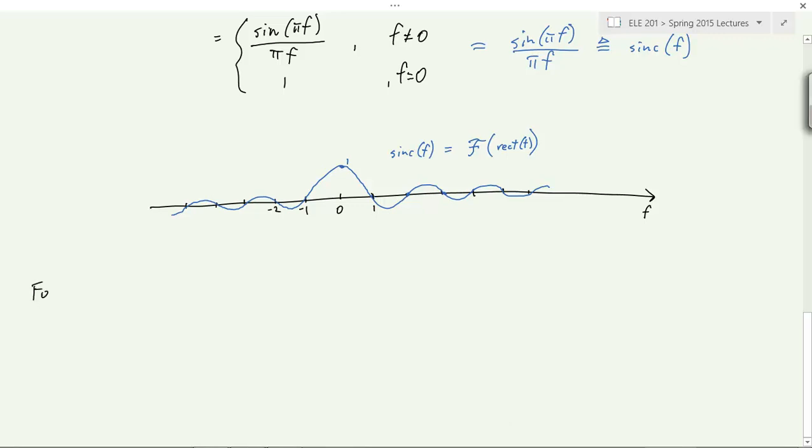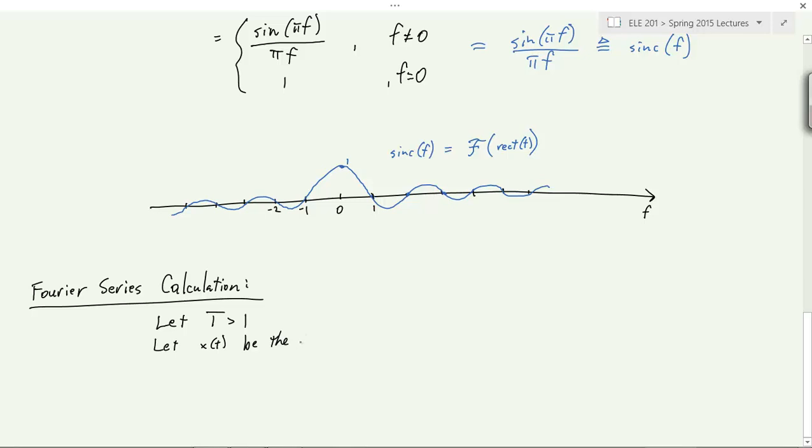So, suppose we were using a Fourier series to look at the rect function. Of course, the Fourier series is only made for periodic functions. So let's look at the periodic extension of rect. Let's take a cap T greater than 1 and let x of t be the periodic extension of rect.